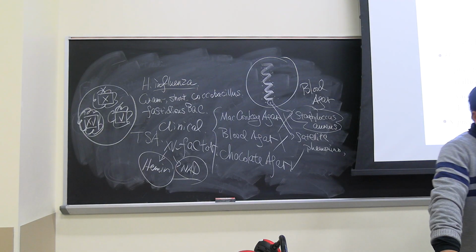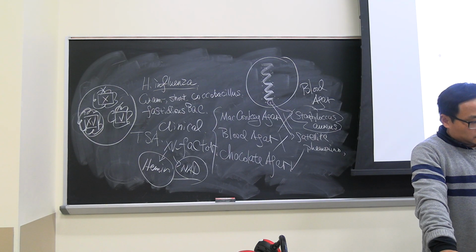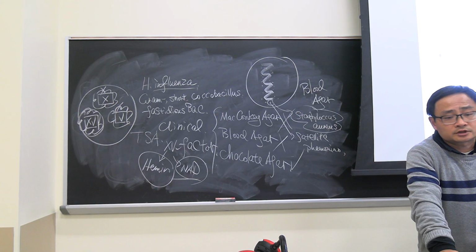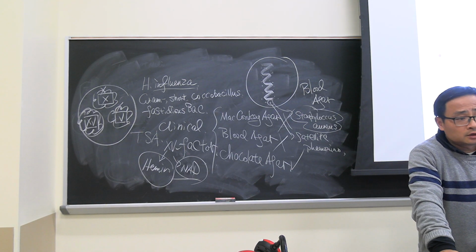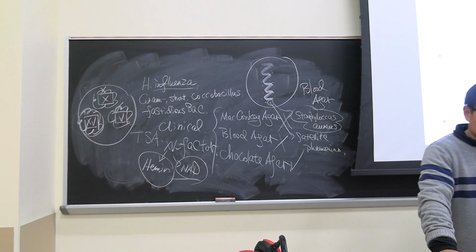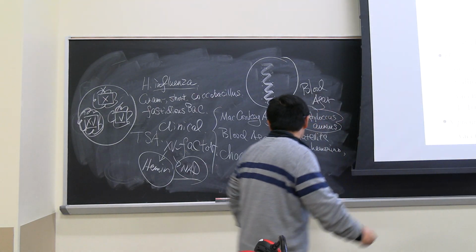But we know that Haemophilus influenzae, in history, caused severe symptoms. Lots of kids died because of that, before the vaccine came out. Haemophilus influenzae causes meningitis.